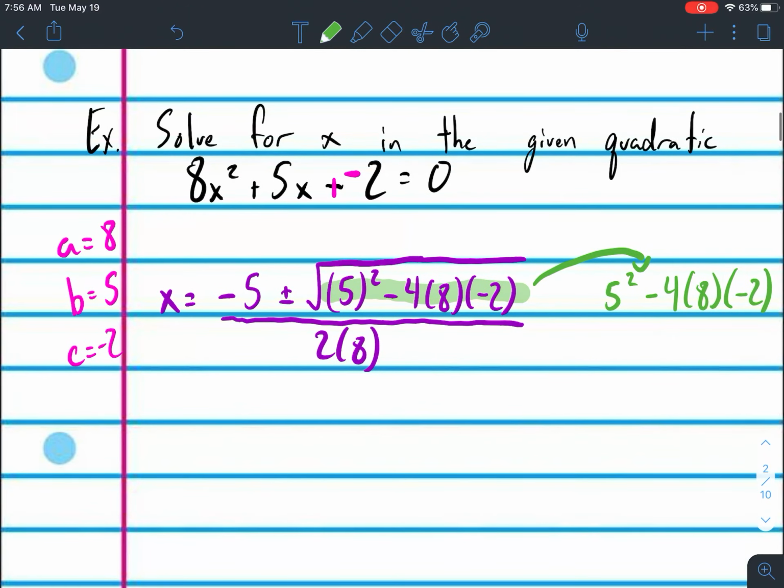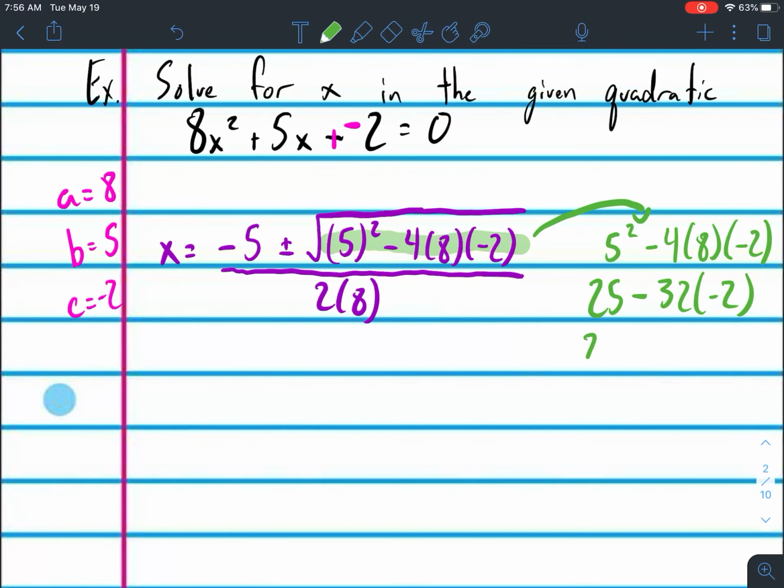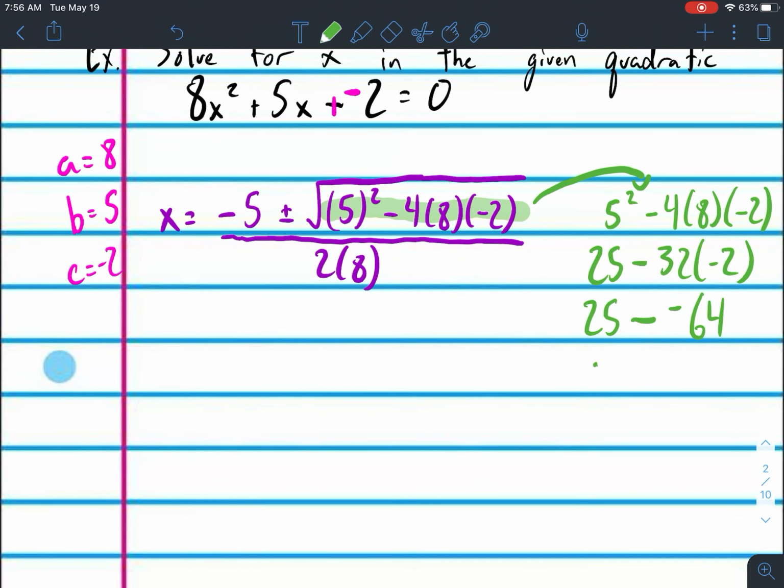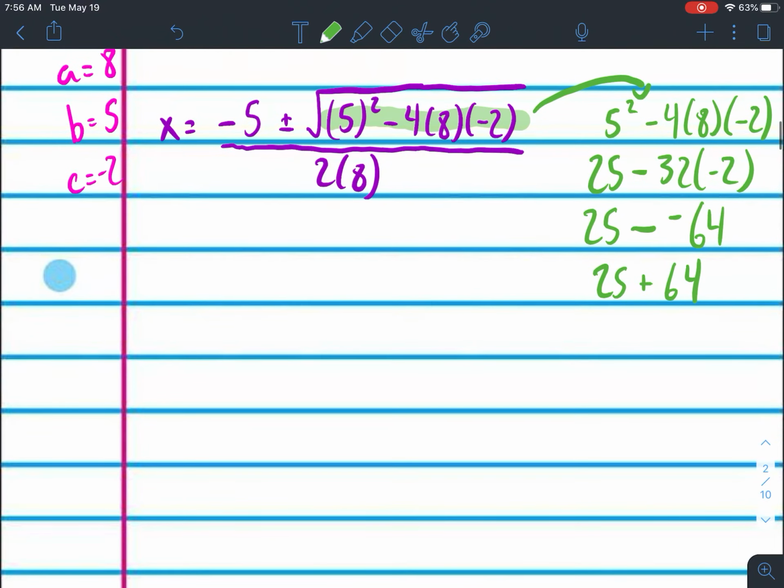Okay, so let's see. 5 squared is 25 minus 4 times 8 is 32 times negative 2. So that would be 25 minus 32 times negative 2 is negative 64. Okay, so we have minus and negative, which means we add the opposite. 25 plus 64. And then that's going to be 89.